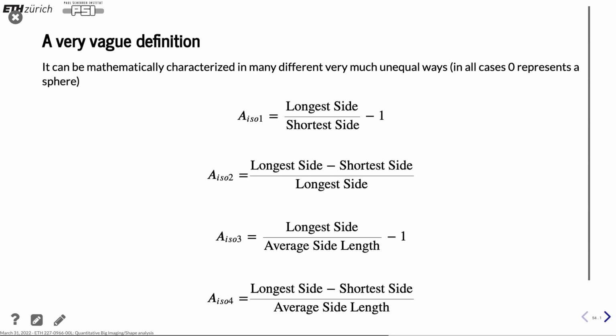Now the question is, how can we describe these vague descriptions? Instead, we want to have some metrics on it, and one would be the longest side divided by the shortest side minus 1. That could be one way of describing it. Or the shortest side over the longest side, and so on.